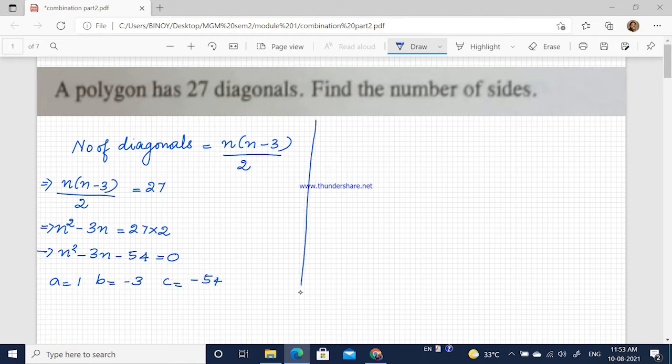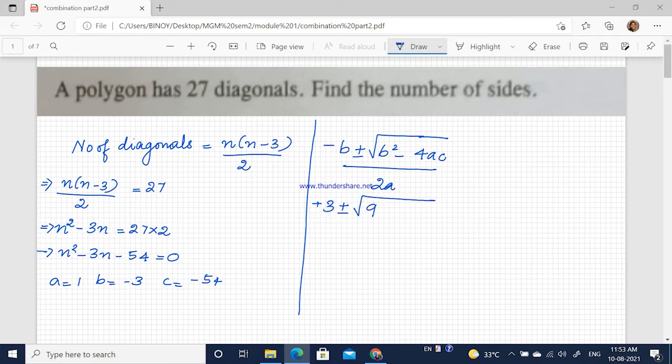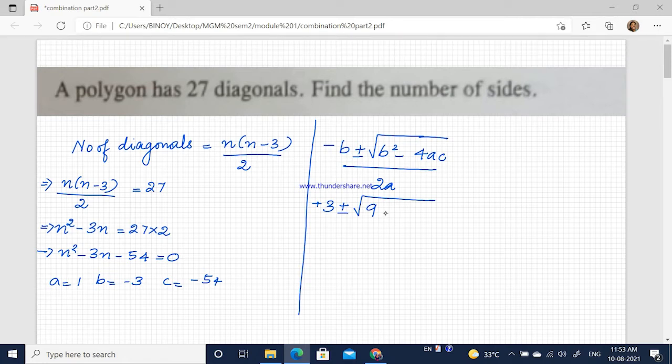Substituting in the quadratic equation formula, that is minus b plus or minus root of b square minus 4ac by 2a. So minus of minus 3 means it will be plus 3, plus or minus root of 3 square, that is 9, minus 4 into 1 into minus 54, divided by 2.